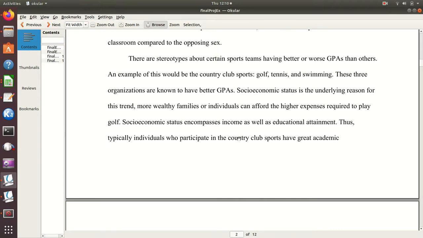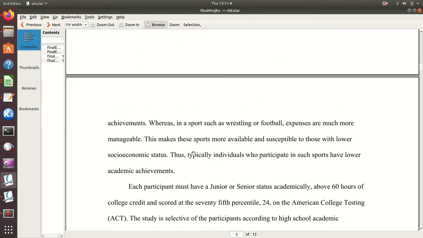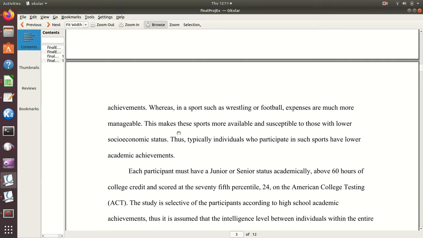Well, yeah, they need a little more here if they want to tie those two things together. But definitely references on those to say where they know that's the case. Here they go on with wrestling and football as the non-country club sports and so forth, and they talk about why there might be a lower socioeconomic status there.